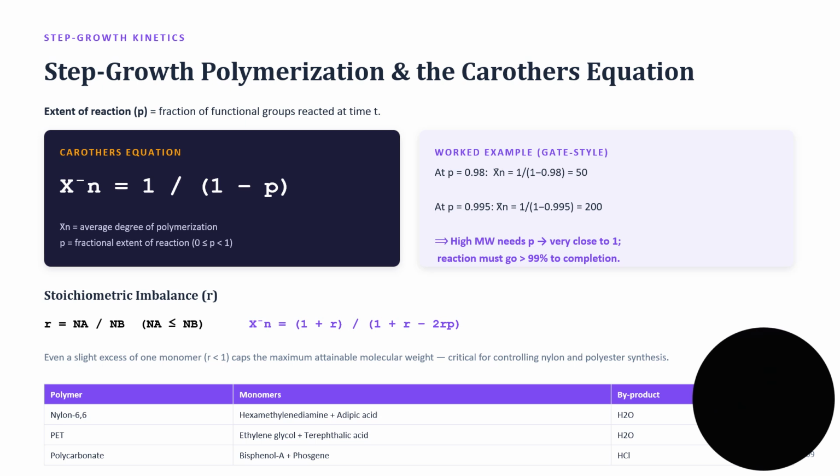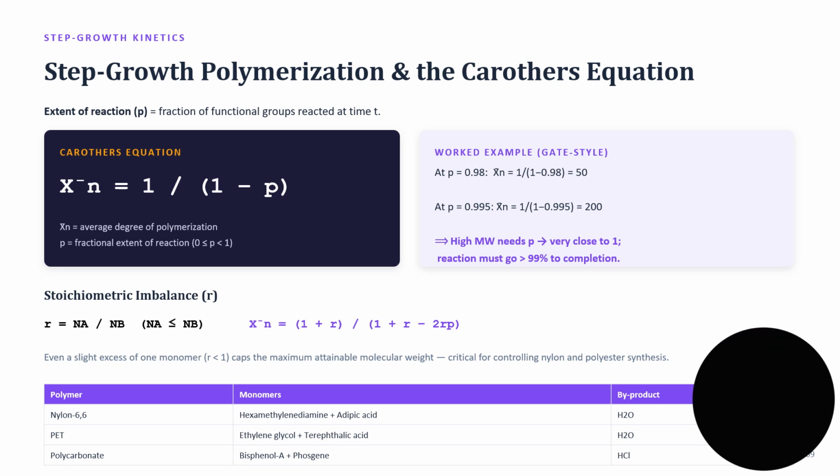Even a small stoichiometric imbalance places a hard ceiling on the maximum achievable molecular weight. This is precisely how manufacturers control the molecular weight of nylon and polyester in industrial production, often deliberately adding a small excess of one monomer to cap the chain length.